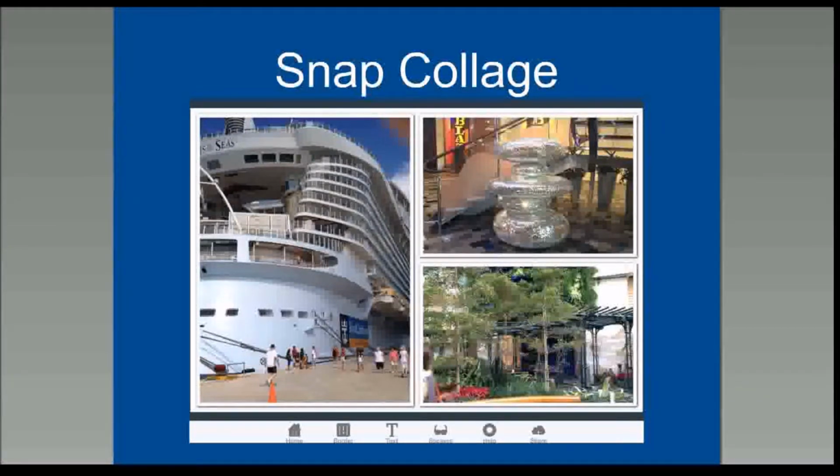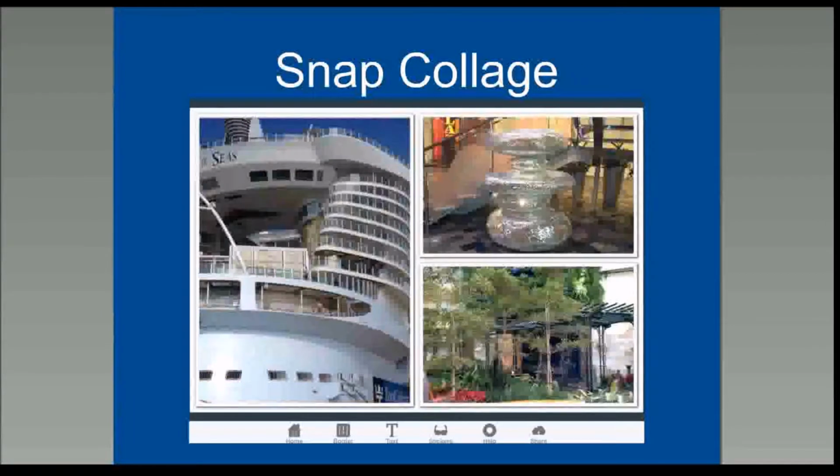One of the first things you may notice is that the large picture with the ship has a cone in it. And I really do want to get that cone out of the picture. I could do it by repositioning that photo.